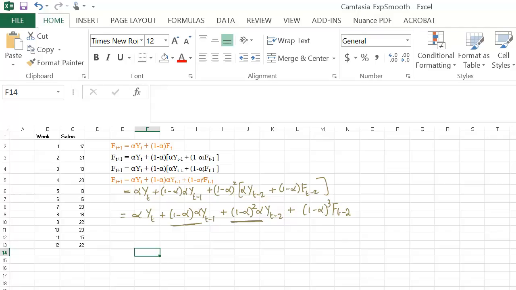My forecast for period t plus 1 is equal to alpha times the actual observed value in period t, plus a smaller coefficient multiplied by the value observed in period t minus 1, plus an even smaller coefficient times the value actually observed for sales in period t minus 2, and so forth. So the coefficients decay exponentially, and that is why this method is called exponential smoothing.